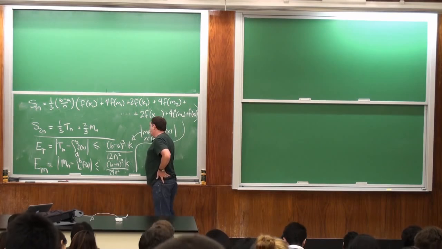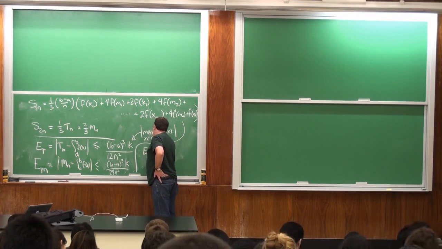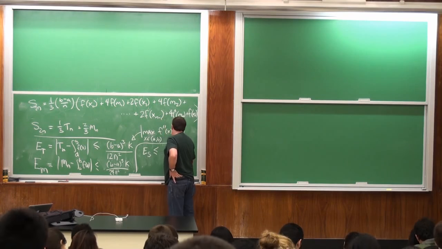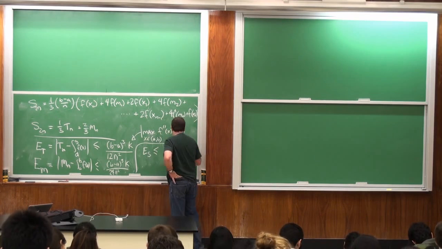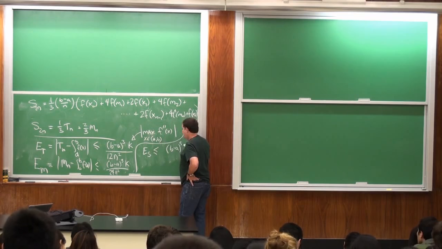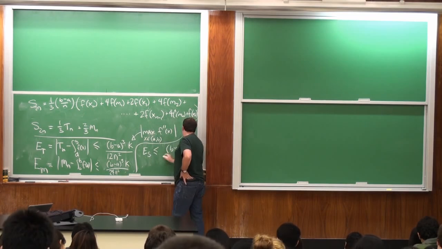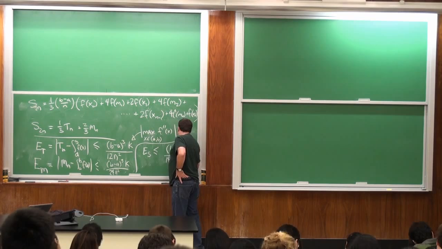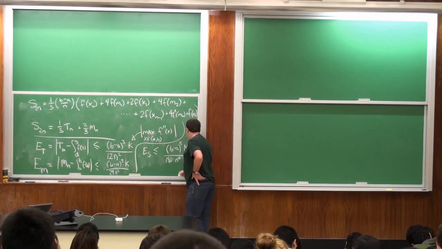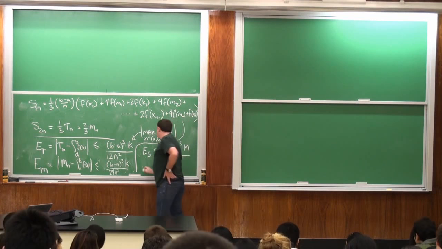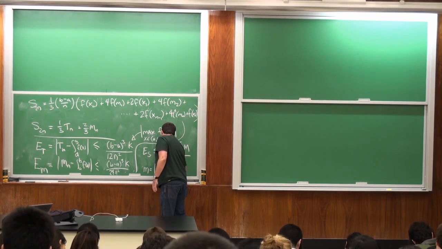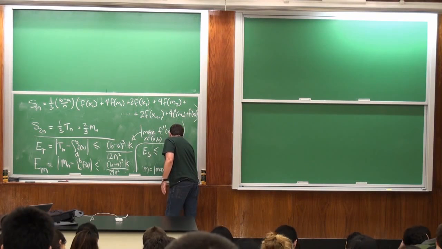For Simpson's rule, this is less than (b minus a) to the fifth, and then this constant here, I used k, so I'm going to use m, over 180 n to the fourth, where here m is the maximum of the fourth derivative.